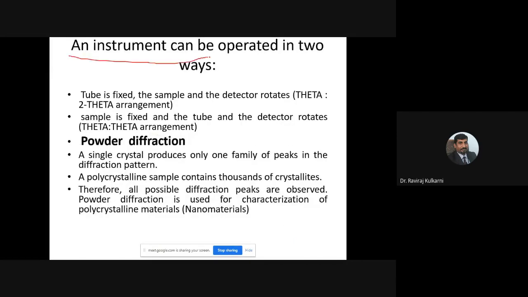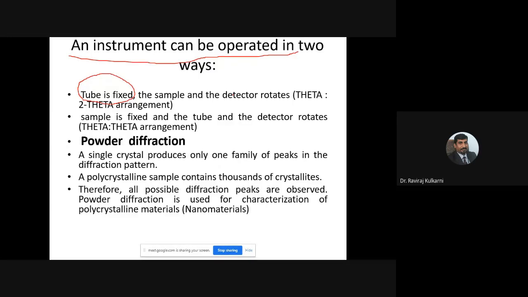An instrument can be operated in two ways. In powder XRD, we use two ways. One, the X-ray tube is fixed. Usually we don't change the X-ray tube because you are bombarding electrons and all those things. The sample and the detector rotate to make the 2 theta arrangement.